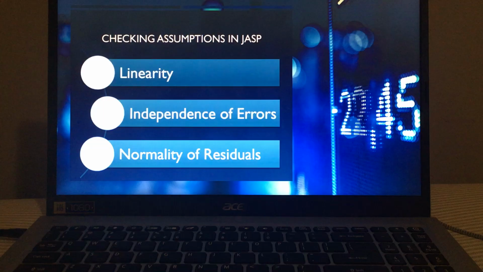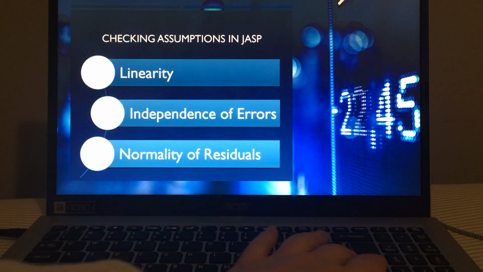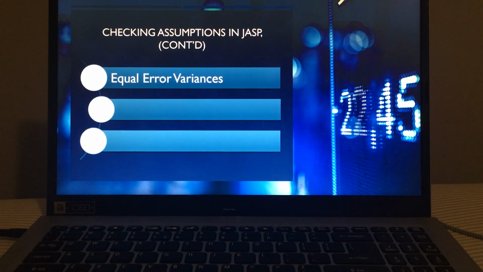Then there's the E of LINE, the equal error variances, which is also known as homoscedasticity. Homoscedasticity is a really tricky word. It means equal spread.